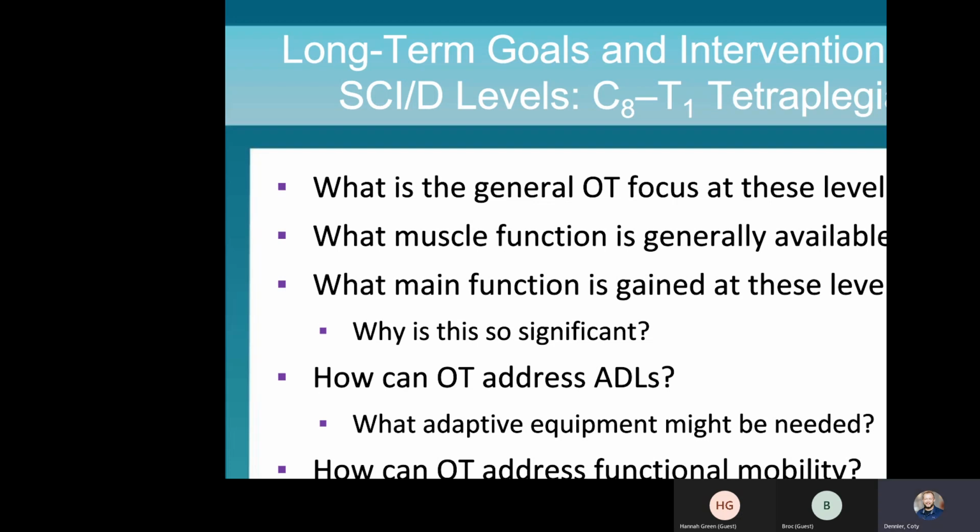Everything from C2 to T1 is what you really need to concentrate on. T2 to T12, it is what it is. With each level, they gain more control. They have some upper body function, and they gain more control over their trunk. To the point where someone with a T10 may still be able to ambulate a certain distance, not coordinated, maybe using furniture or something like that, transferring over.